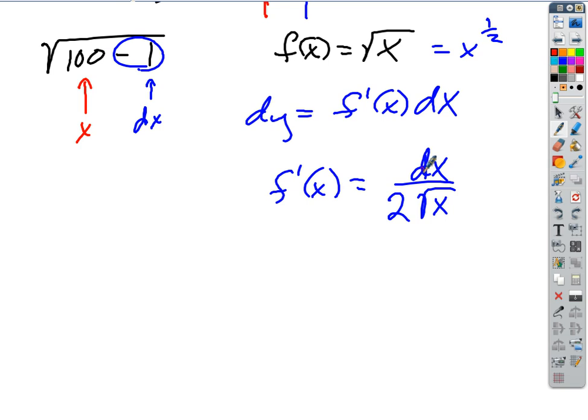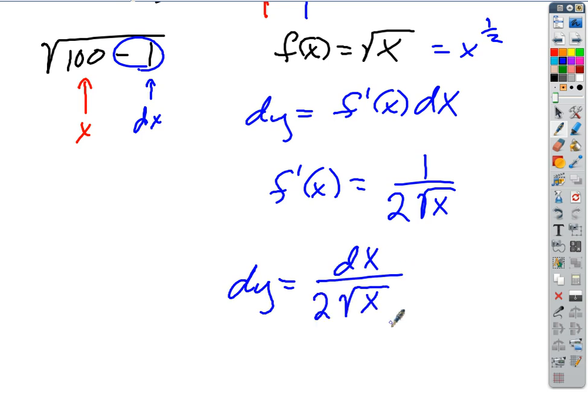That's f prime of x, so dy equals that times dx. If I plug in the numbers, dx we said was -1, over 2 times the square root of 100. Well, what's that? -1/20, right?